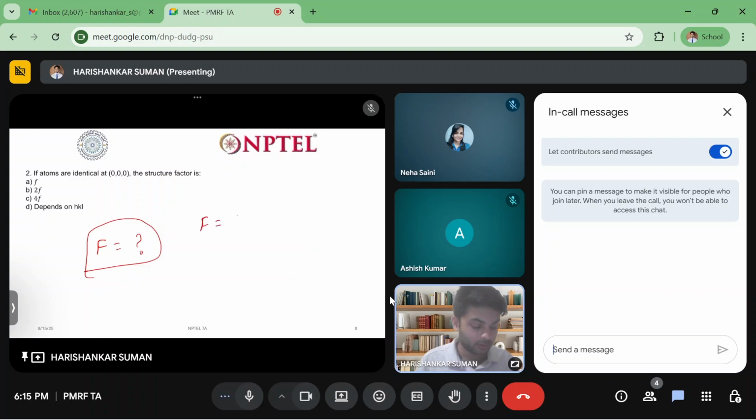F is equal to the summation over j, from j to n, of f times e to the power 2 pi iota h. Use this formula. Please try to solve this question. You can take 1 minute or 2 minutes, but tell me the answer.